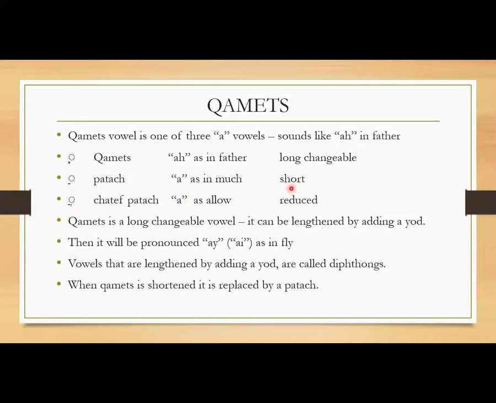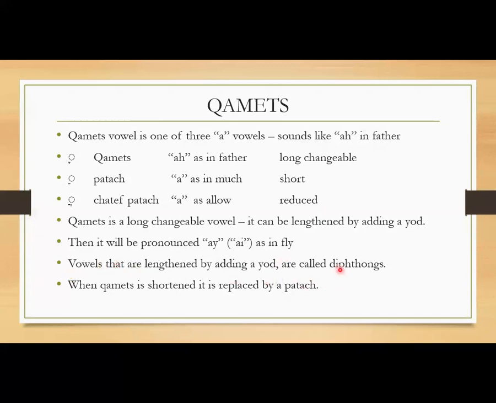It is short. And there it is with the two dots, the shwa and the patah, as in allow. It's reduced. Kamets is a long changeable vowel. You can lengthen it by adding a yud. Ayur. But then it will be pronounced ai, as in fly. Then it's a diphthong.